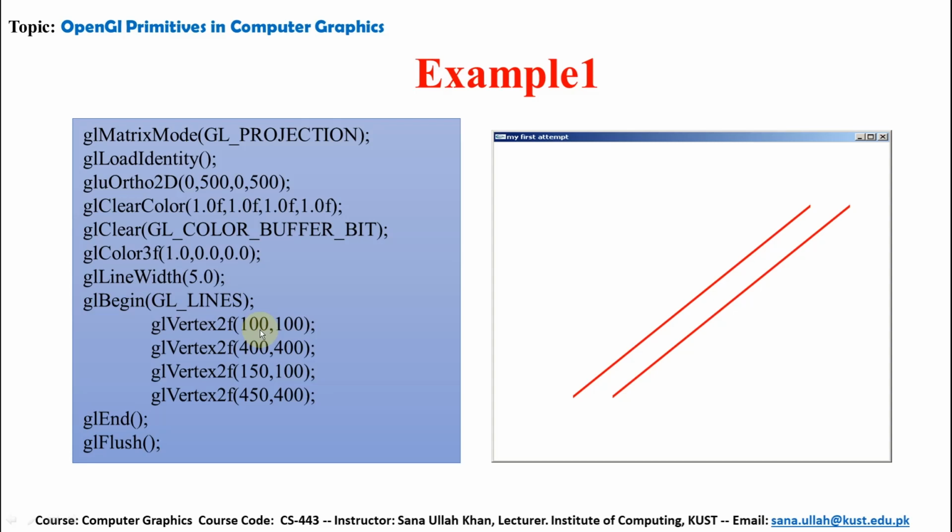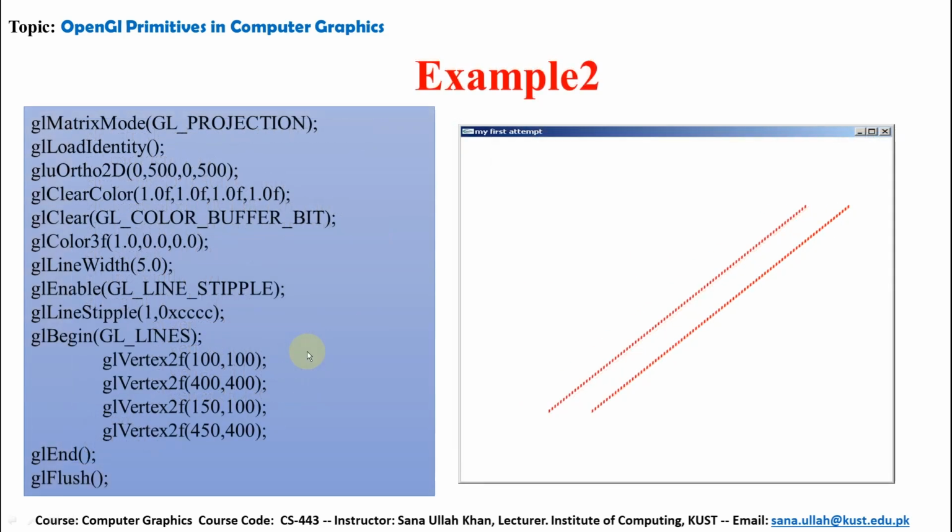So these are the starting values 100, 200, 400, 400, 150. This means x starts from this coordinate, and this is the y, the x and y points, up to 100 and 400, up to 400 x and 400 y. This one starts from 100 and 150 to 400 as well.